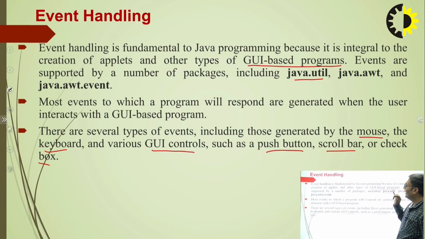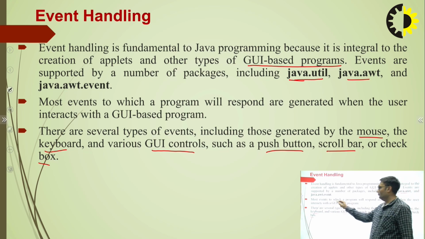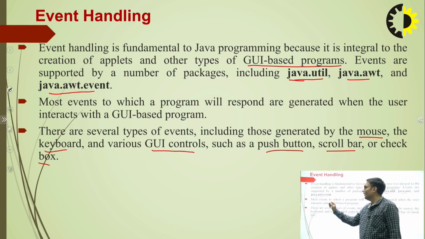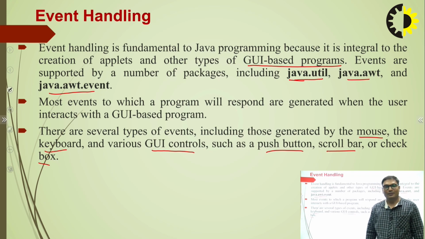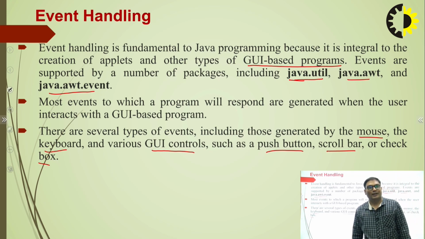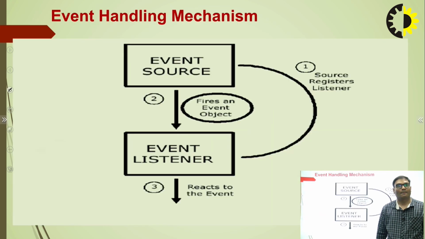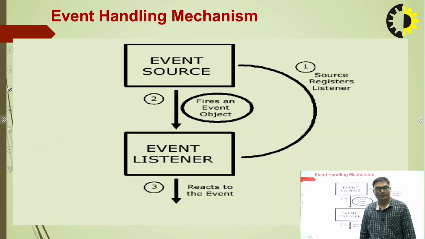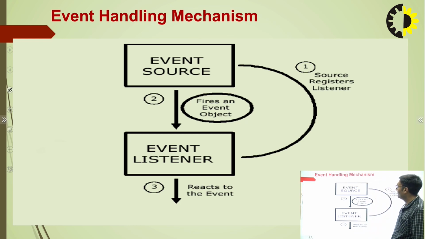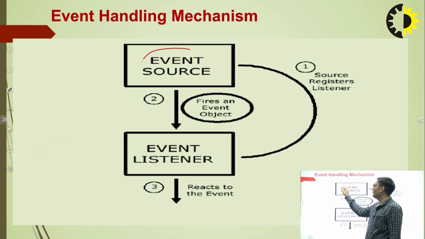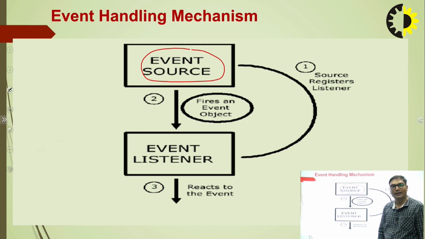And the event handling mechanism is supported by, importantly, these three packages. And the event handling mechanism is provided by Java by default. Now let's understand how the event handling mechanism works. So firstly, an event will be generated by some event source, and this source can be anything.